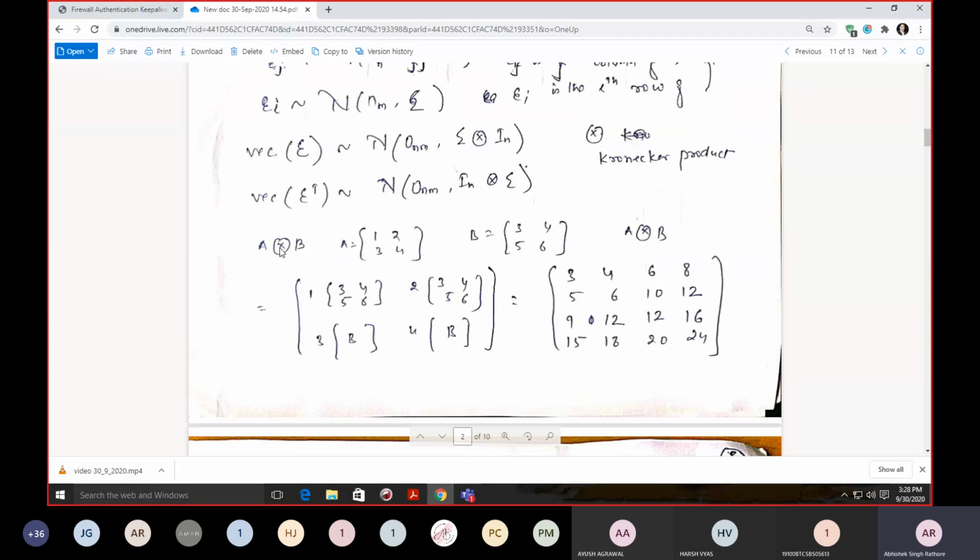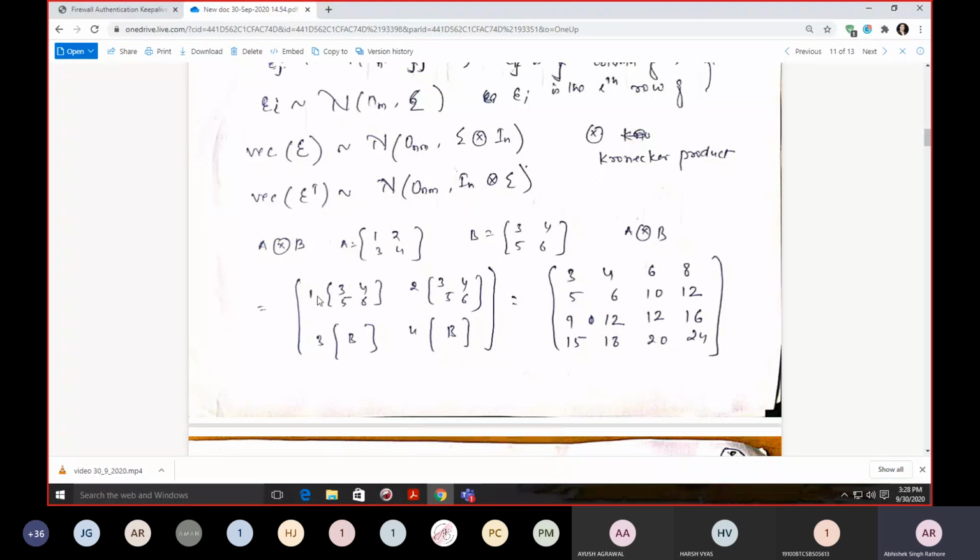Let's say we have matrix A equals 1 2 3 4 and B equals 3 4 5 6. A Kronecker product means that we are not multiplying like 1 into 3 and 2 into 4, and again 1 into 4 plus 2 into 6. This is not a Kronecker product.